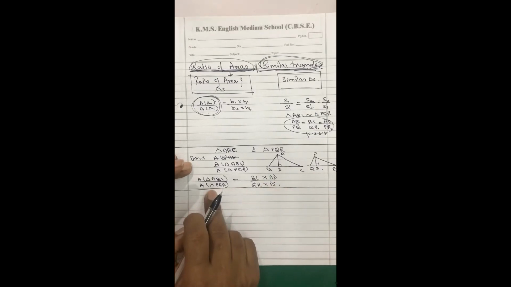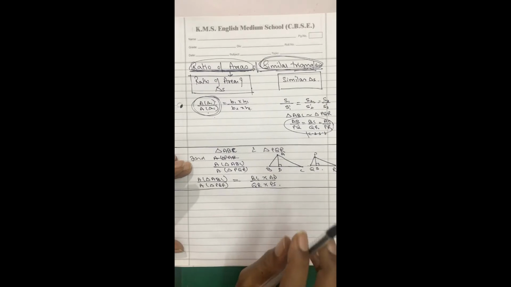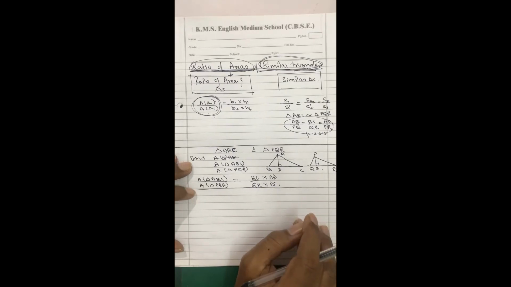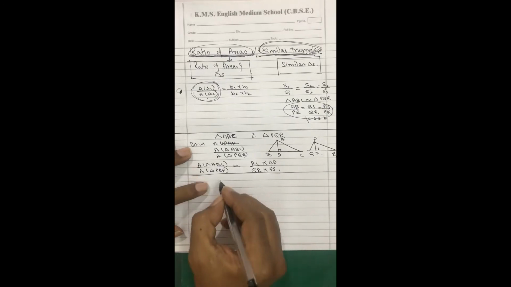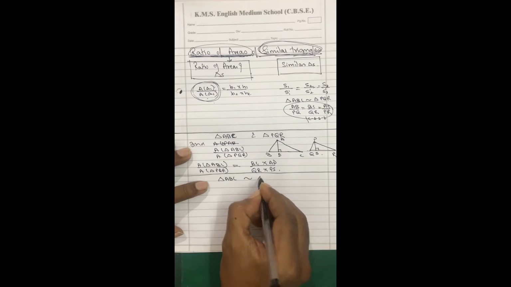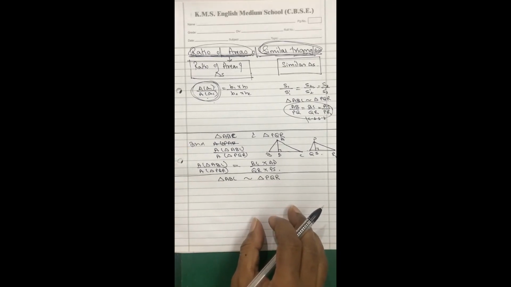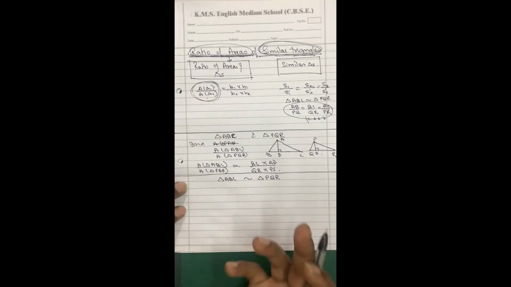The ratio of areas of triangles is equal to the ratio of the product of their bases and heights. Okay, my dear students. Now we come into consideration, supposing triangle ABC is similar to triangle PQR. If we have proved that this condition is satisfied, that the two triangles are similar, and then we are going to find the ratio of the areas of triangle ABC and triangle PQR, then how will it look?